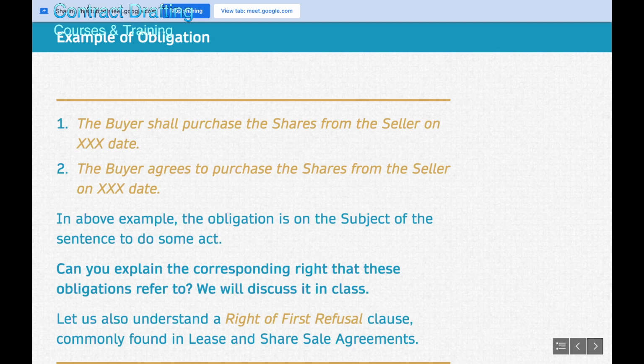Or there may be a condition attached that he can offer it to third parties in general, and the first party will have the option to match that so that the second side gets a better deal.